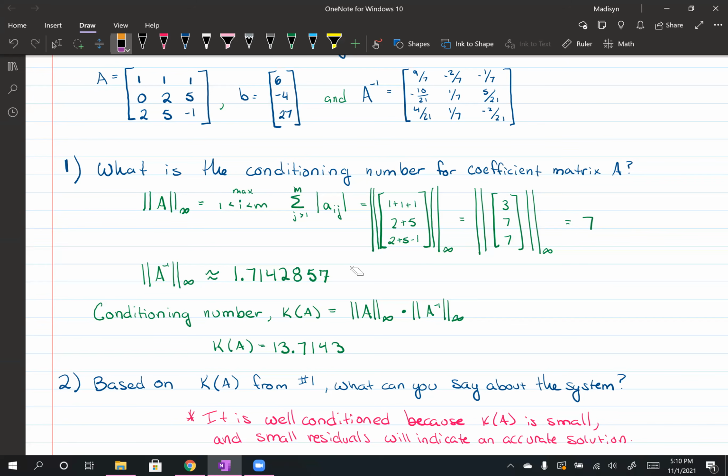I know I did it right with this other one. But anyway, so the solution should be these two norms multiplied together. So 7 times 1.7142, which would be, pull out our handy dandy calculator here.